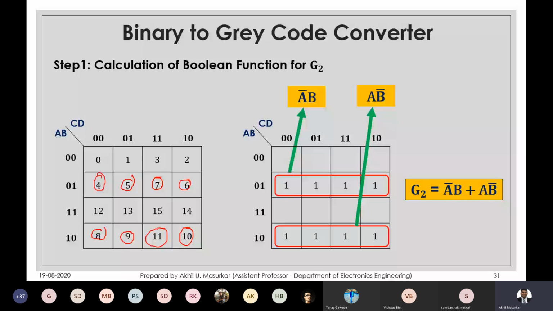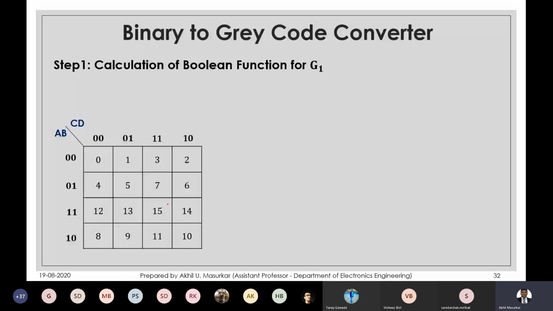So please correct this. This is G3. Sorry, this is G1 only. Okay, G1 according to Atharva it is BC bar and B bar C. Okay, Sumant.